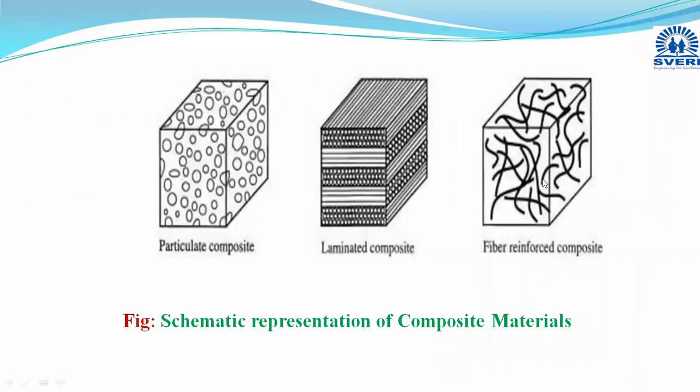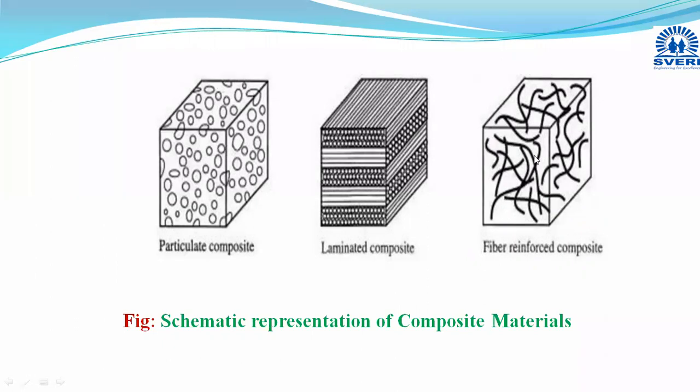These are types of composite materials. This is fiber reinforced plastic. Here you can easily identify these fibers. Fibers with high strength are introduced in the soft ductile matrix.